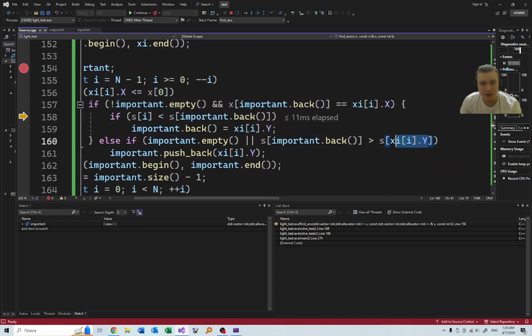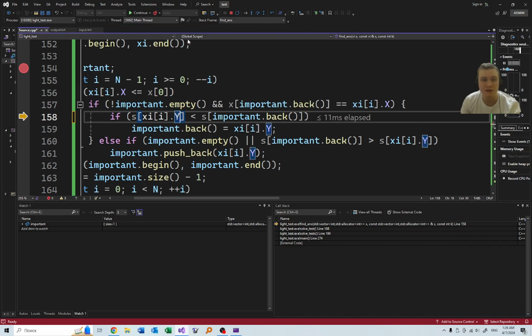Yeah, this is a sneaky bug. It should be like this.